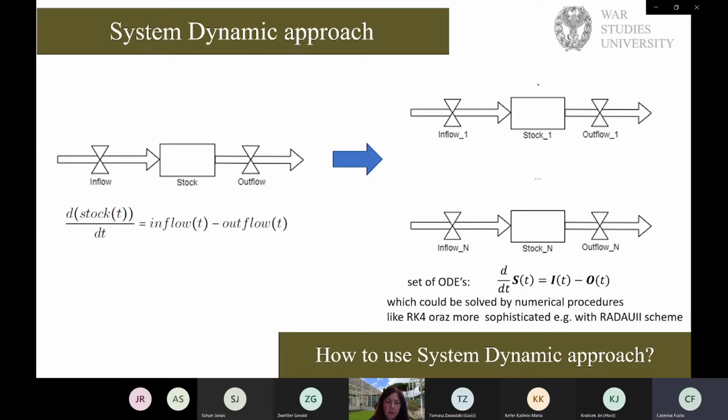System dynamics approach assumes using stocks and flows, which from the mathematical point of view are ordinary differential equations. We can use as many stocks in the model as is needed, and finally, we can build a set of ordinary differential equations, which could be solved by numerical procedures like simple Runge-Kutta or more sophisticated ones, like Radau.